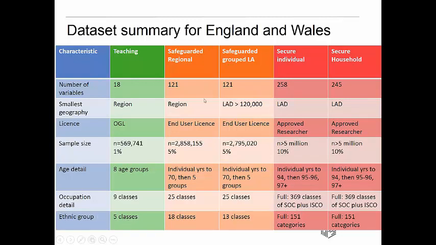Safeguarding data, this is available at region and local authorities above a certain number. 5%, you see there's much more detail in age categories, much more detail in occupation and ethnic groups. And then you get to secure, where you have to be an approved researcher, go through some more hoops, and that's 10%, a lot more detail for these categories here. So that's just examples of the different types of microdata there is.